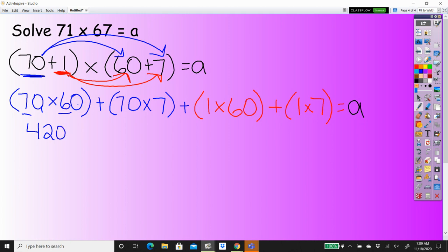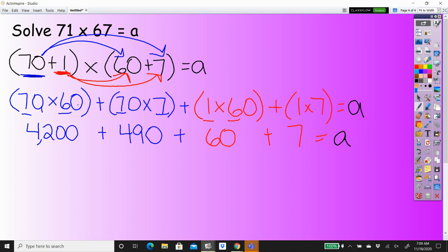So I'm adding 2 zeros to the end of my product, put my comma, 4,200 plus 7 times 7, 49, add a 0, plus 1 times 6 is my basic fact, and 1 times 7 is 7, equals A. That is what we're solving for.